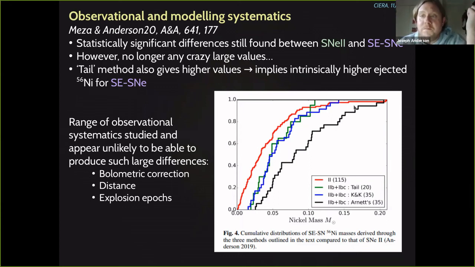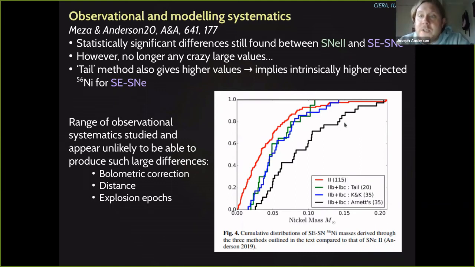This could be for a couple of reasons. One reason is that when you make cuts on your data sample for data quality, maybe you remove supernovae that don't have high quality data, and it was the fact that they didn't have high quality data that led through some systematic to them having these really high nickel mass estimates that seem unrealistic, at least within the paradigm of core collapse supernovae being driven by the neutrino-driven explosion model.